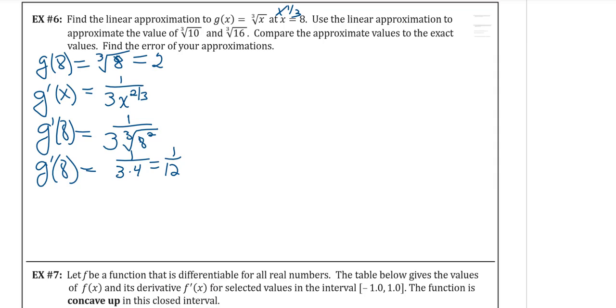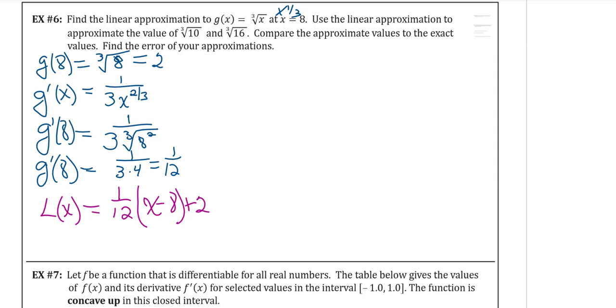Okay, so now we can find our linear approximation, and I'll put that right down here because we have to do error analysis too, so I'll try to save some space. It's going to be the slope of our tangent line times x minus 8, and then the value of the function, which is plus 2.